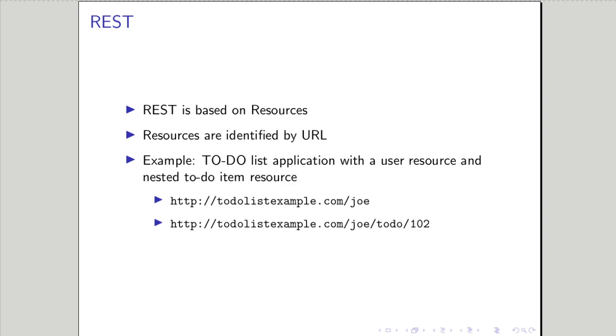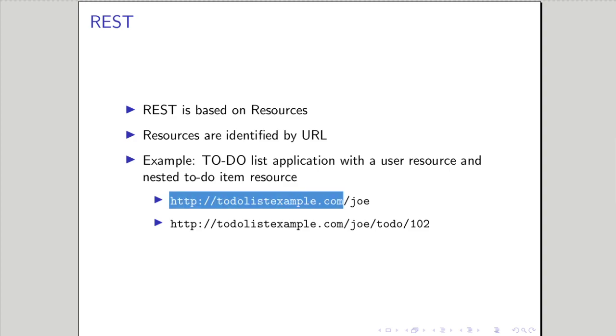It has a user, and under each user, they have a bunch of items to do, described by a string. So I really have two resources: a user who's identified by a username, and a to-do item, which is identified by just a number.